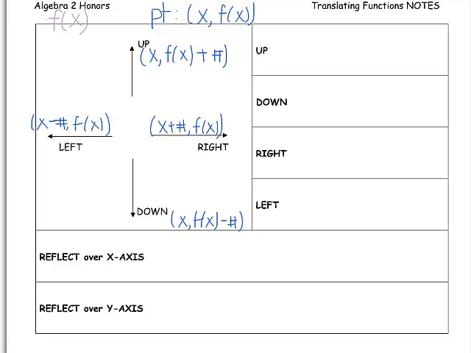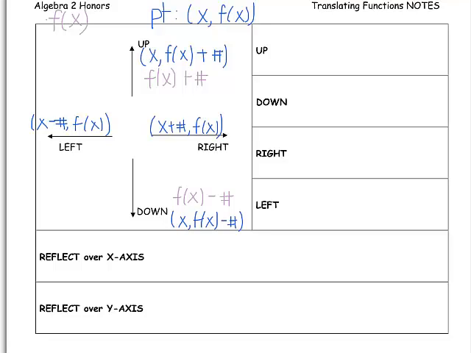Now, if I want to take my function and move the entire function up, it's going to look very similar to moving a specific point up, because all I'm going to do there is just take the function and add whatever I would like. And then similarly, if I want to move a function down, I just take the function and subtract.